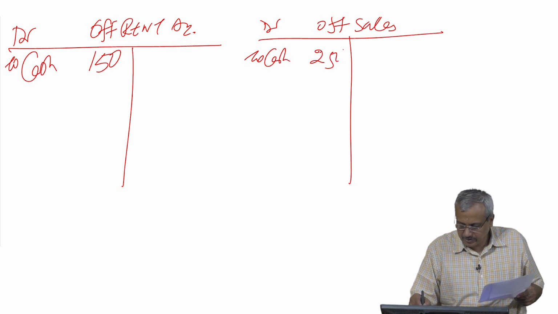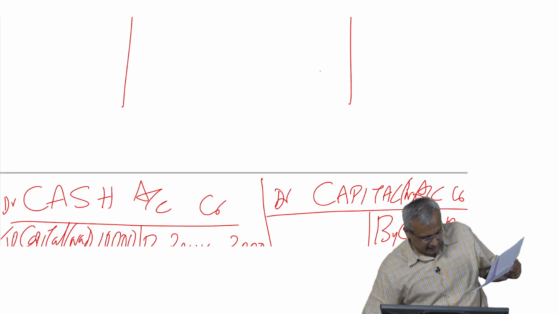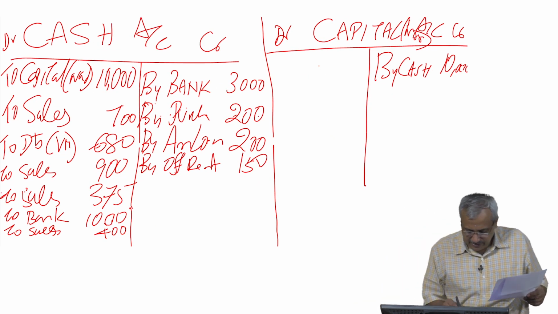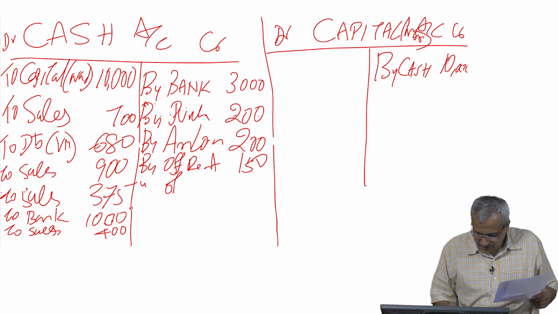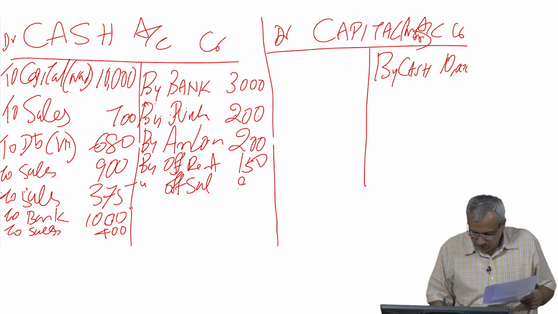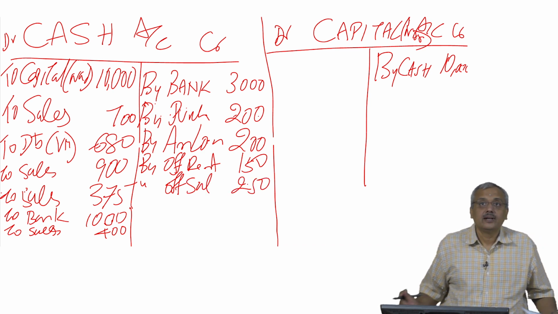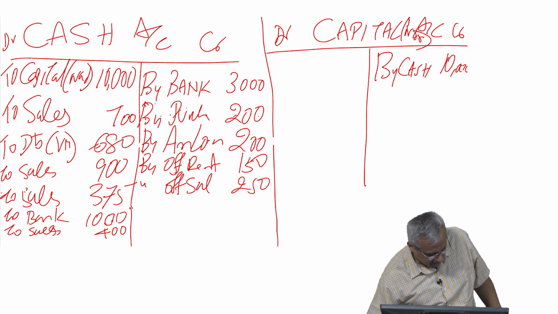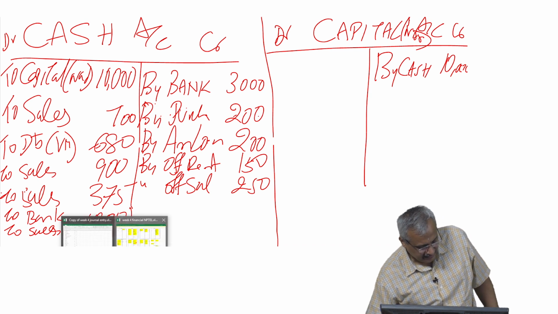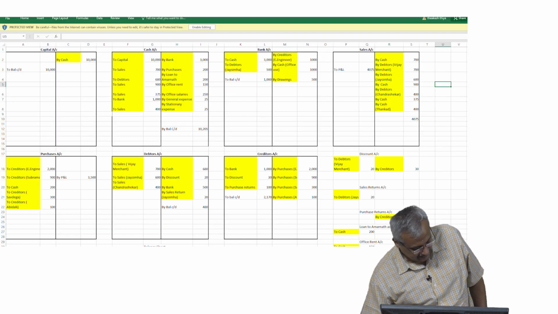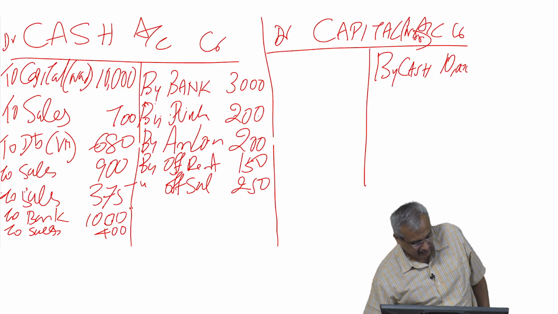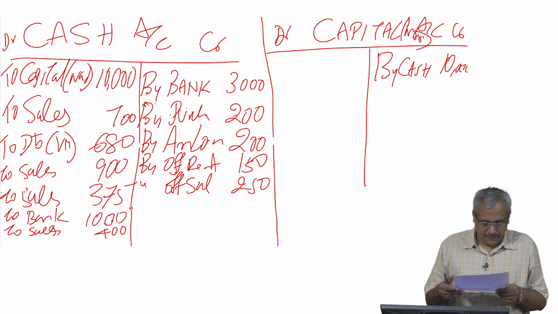It is about 250. I go to my cash account and say by office salaries 250. Please note I have got my Excel and I will post this Excel. You can verify all these transactions after we finish this particular aspect.